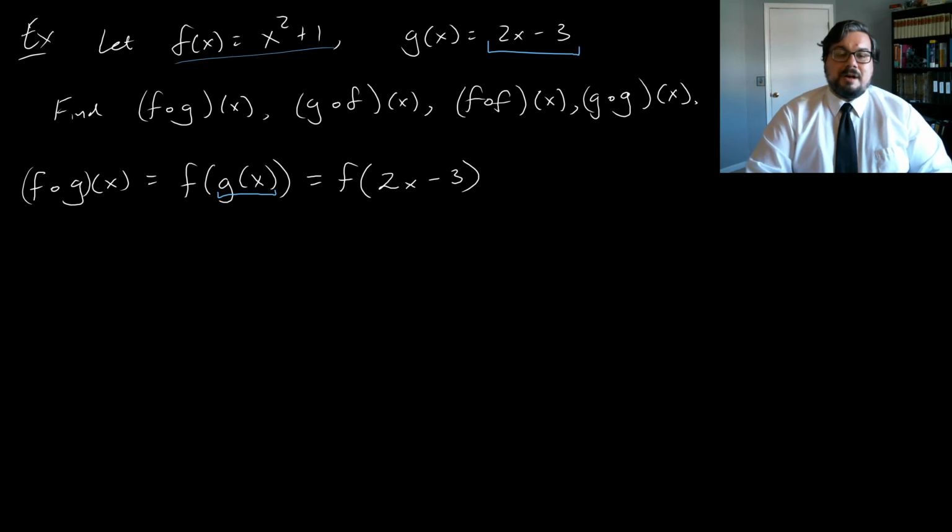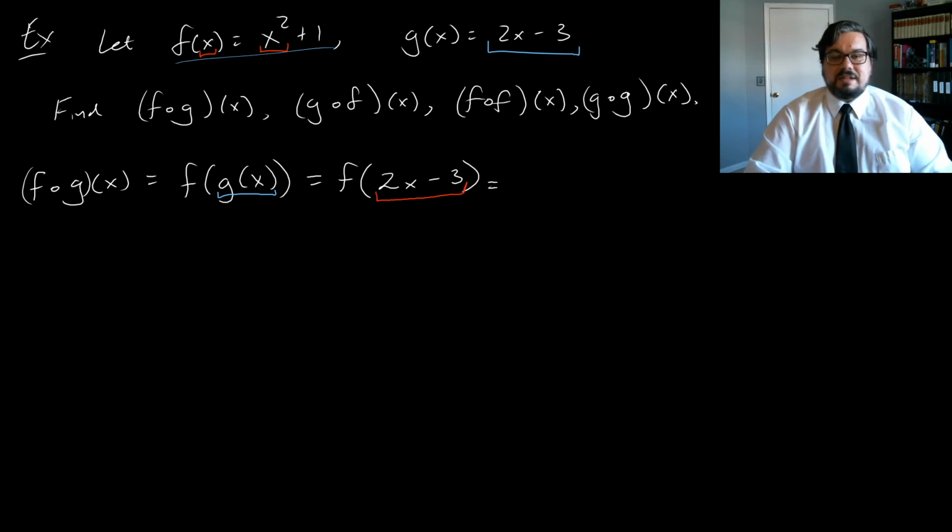So we get f of 2x minus 3, and now we can use f. Now here we have to be a little more careful because the expression that we're plugging into f is 2x minus 3. That's taking the place of the x in the original function f, which means that we're going to replace each x in the description of f with this new input expression of 2x minus 3.